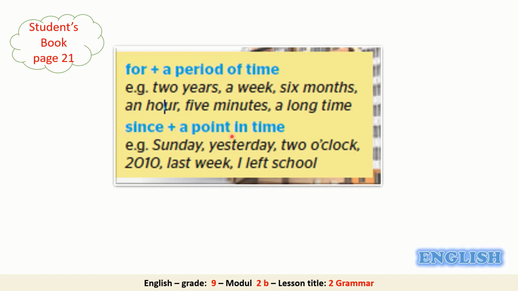Whereas since is followed by a point in time. For example, Sunday, yesterday, 2 o'clock, 2010, last week I left school. So this is the difference between for and since. Don't forget that for is followed by a period of time, whereas since is followed by a point in time.